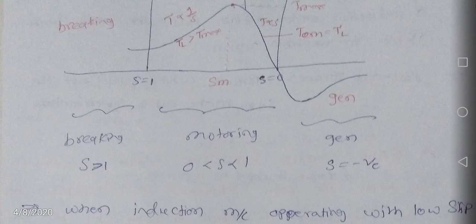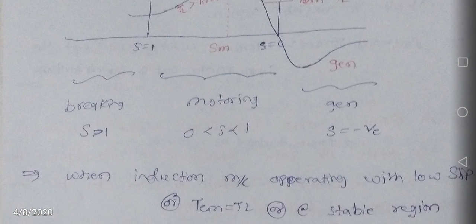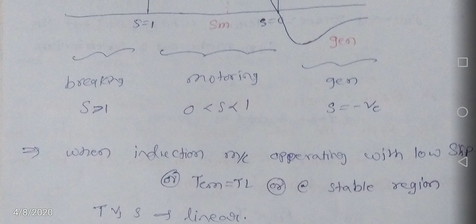Braking, motoring, and generating mode. Slip greater than 1, braking mode. Slip between 0 and 1, motoring mode, and slip negative, generating mode.